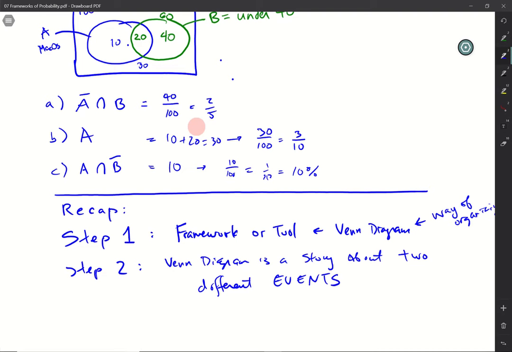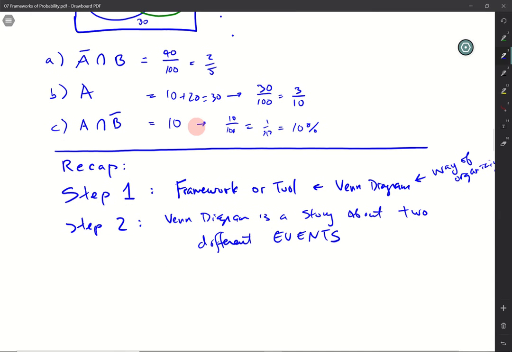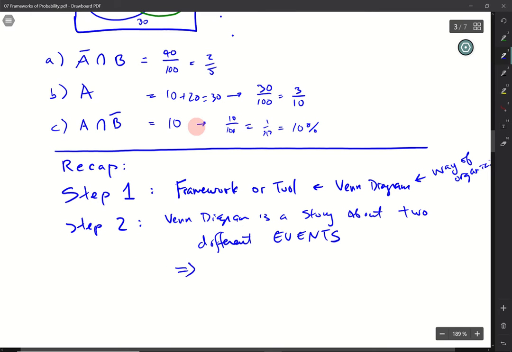So if you're going to use the Venn diagram, what do you need to identify? You need to identify the two events, right? Must identify the two, or more. We'll just stick with two, right? Two or more events. Okay.